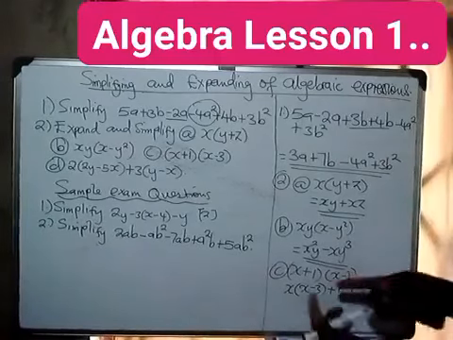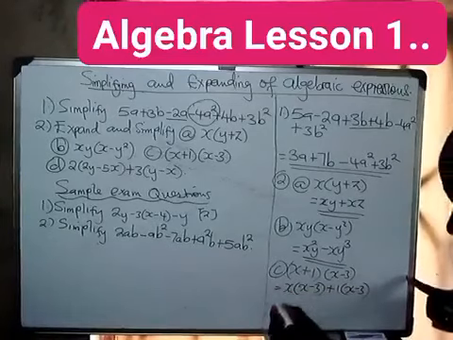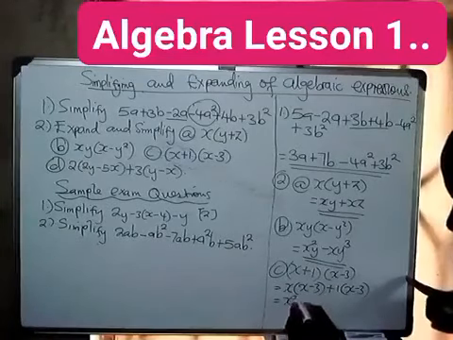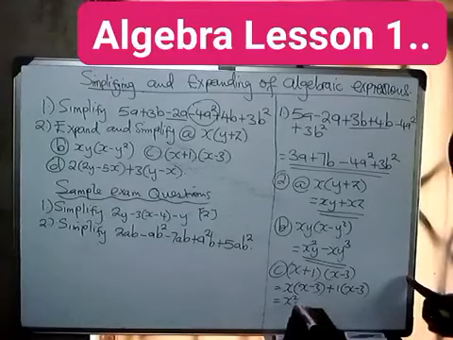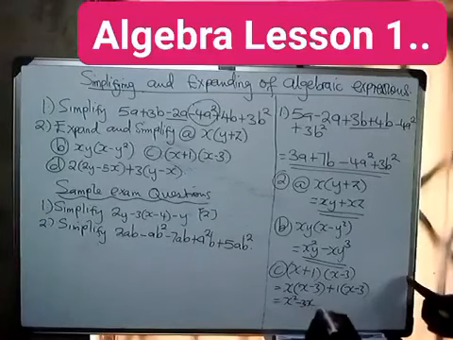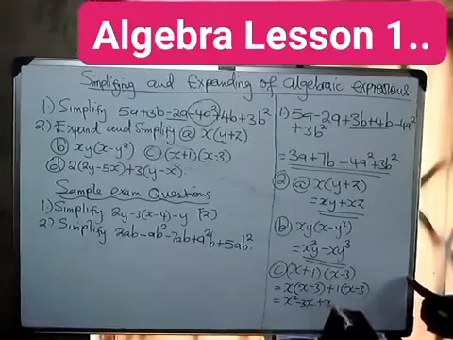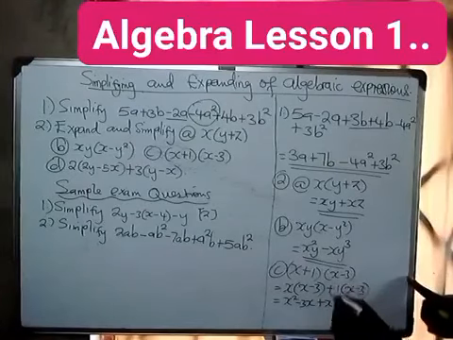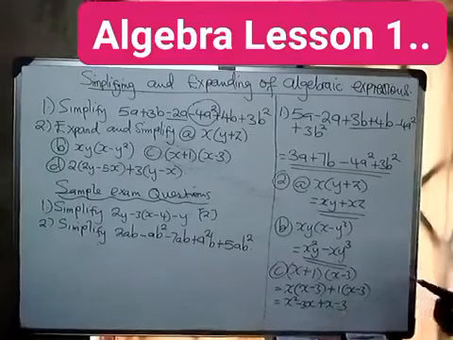So x times x, we are going to have x squared, then x times negative 3 will be negative 3x. Then positive 1 times x, we are going to have 1x. Then positive 1 multiplied by negative 3, we are going to have negative 3.